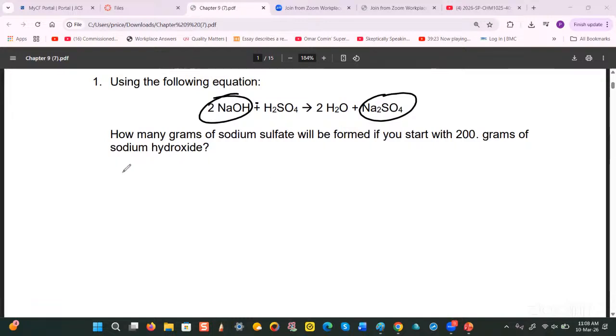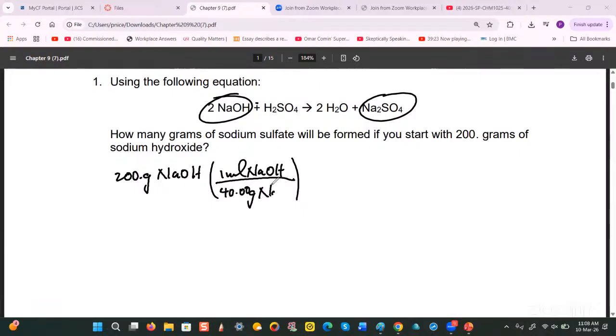So what I would do is start off with the 200 grams of the sodium hydroxide, all right? And if you remember the example I just worked, then you should realize that the first step in this process would be to convert from grams to moles. So this is going to be 1 mole of sodium hydroxide above. And if I remember correctly, the molar mass of sodium hydroxide is 40.00 grams sodium hydroxide.